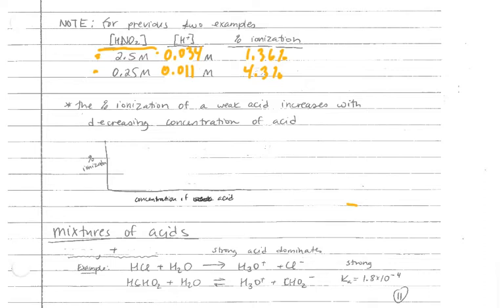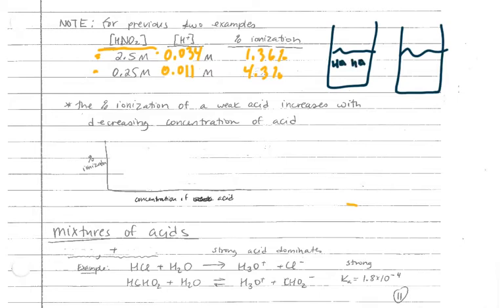I like to think of this as, if I think of 2 beakers with this weak acid in it. So this one has a higher concentration. So there's a bunch of this weak acid. So it's already too crowded. There's not a lot of space for it to dissociate. Whereas in a lower concentration solution, there's more space. So a higher percentage of these guys can dissociate.